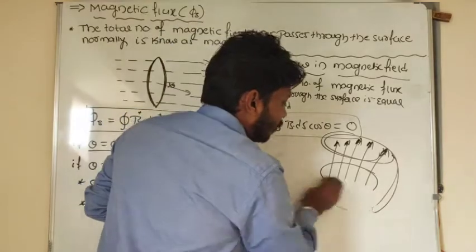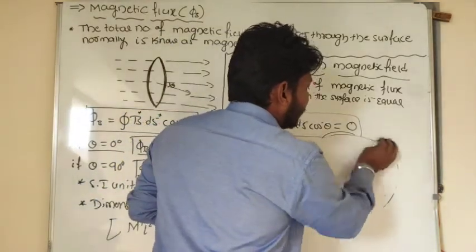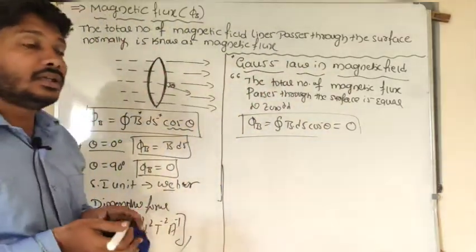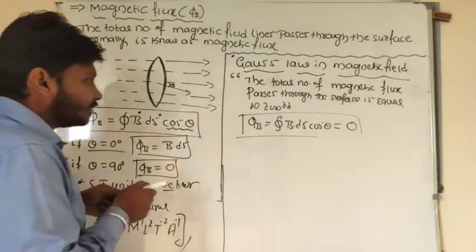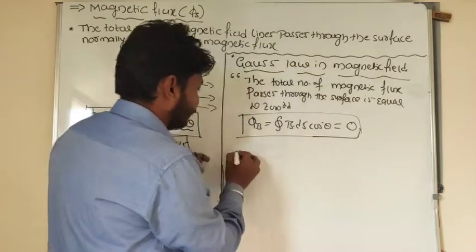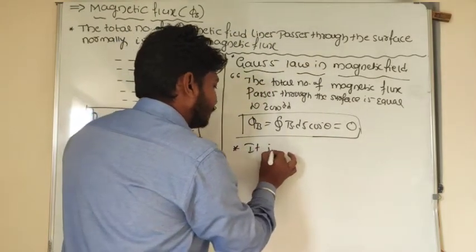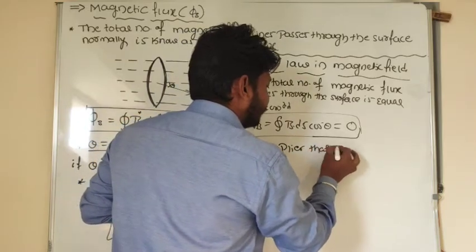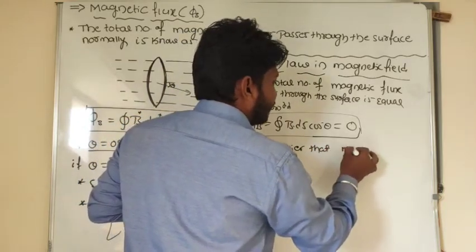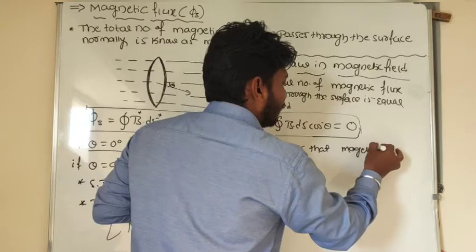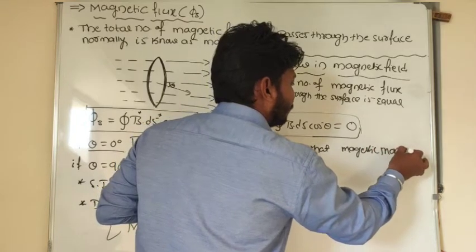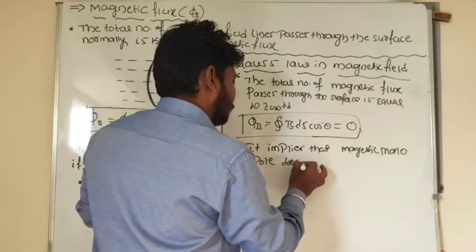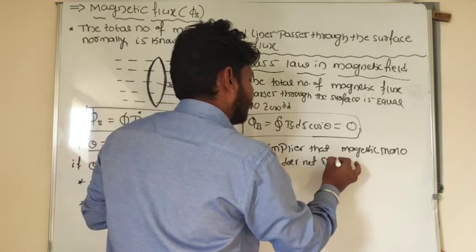Magnetic monopole does not exist means the number of magnetic field lines entering is equal to the same number of magnetic field lines leaving the surface. It implies that magnetic monopole does not exist.